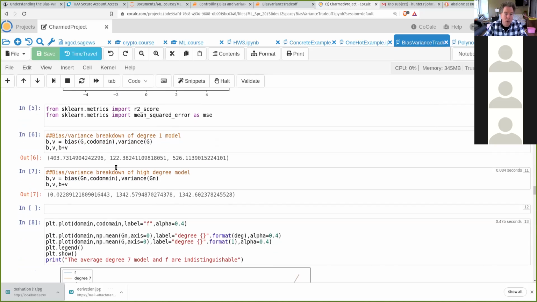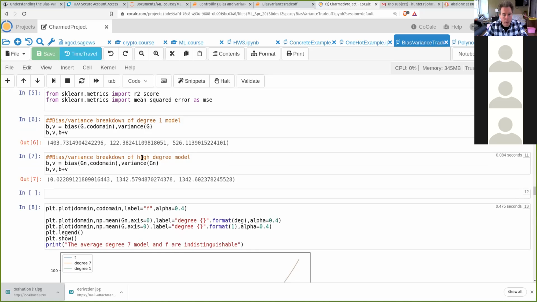You can actually compute these things and get real numbers, because we made up all the details. So here's the bias variance breakdown for the degree 1 model. Bias is 403 and variance is 122. You take their sum to get the expected error, and it turns out to be 526.